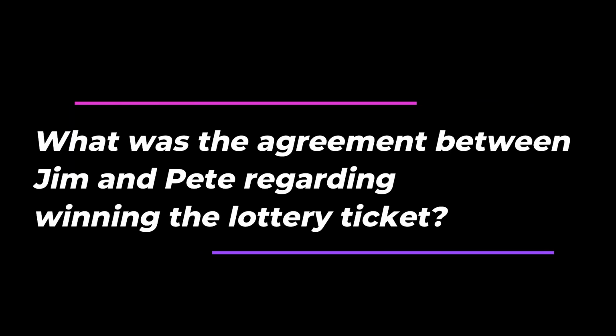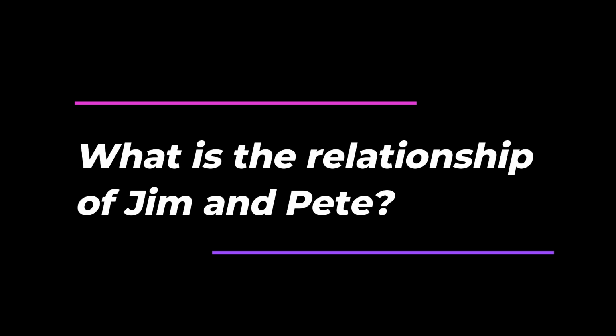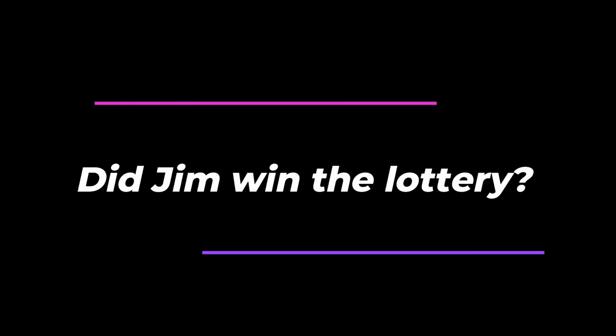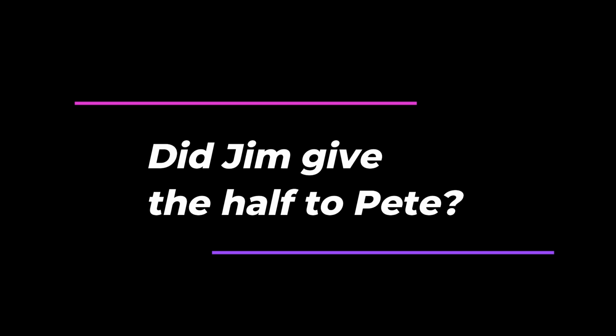What was the agreement between Jim and Pete regarding winning the lottery ticket? The agreement was if Jim wins, he will give half of the winning money to Pete. What is the relationship of Jim and Pete? Obviously, they are friends. Did Jim win the lottery? Yes, he did.